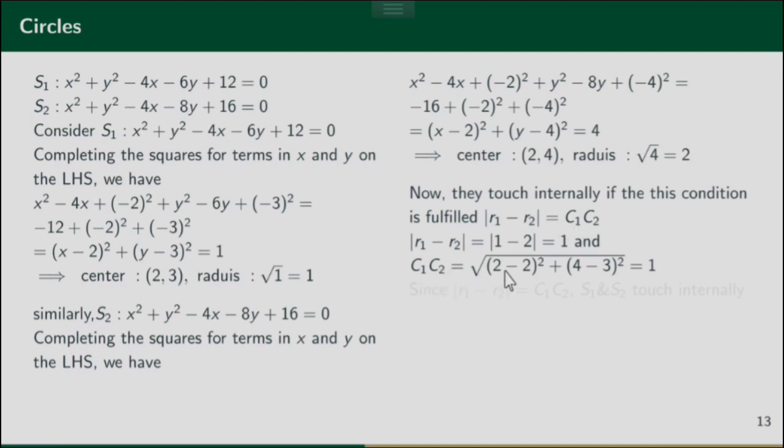Using the distance formula, I'll have 2 minus 2 all squared, added to 4 minus 3 all squared. Doing the math gives me the square root of 1, which is equal to 1. Since the difference between their radii is equal to the distance between their centers, as 1 is equal to 1, I conclude that S1 and S2 touch internally.